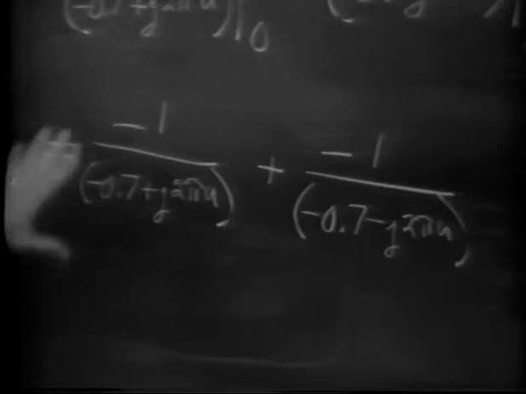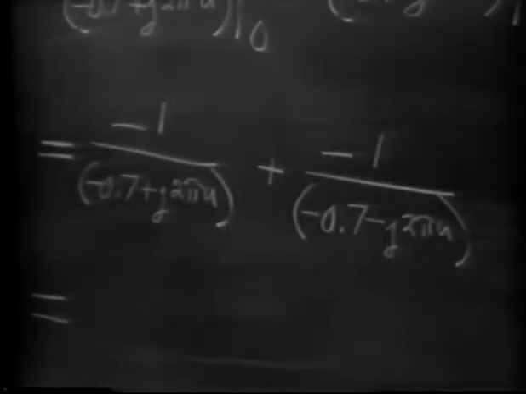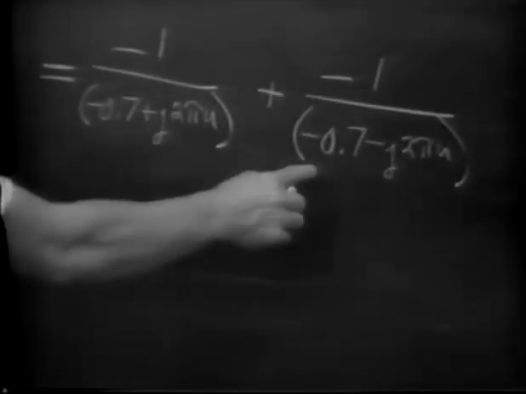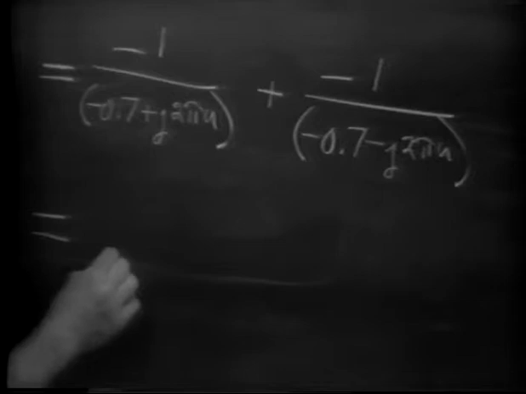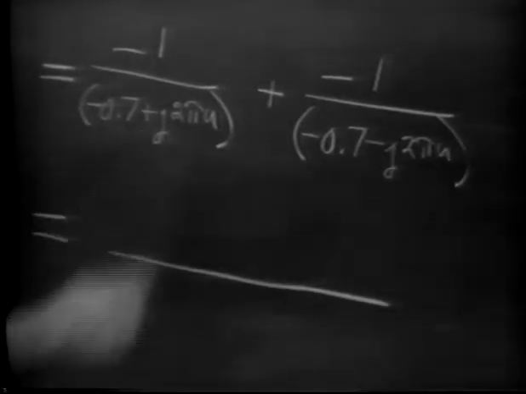Now I have a sum of conjugate terms, and all I would have to do is simplify this a little bit by forming a common denominator as the product of these. It would be this term squared plus this term squared.